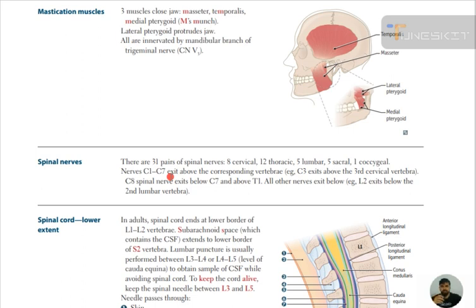And this is very important when we talk about vertebral injury or stenosis of the vertebral canal, from where these roots and nerves will exit. And spinal nerve 8 exits below the vertebra C7 and above T1. So you should remember this exception too. All other nerves exit below. For example, L2 exits below the second lumbar vertebra.